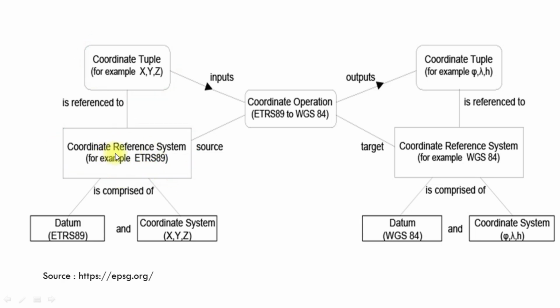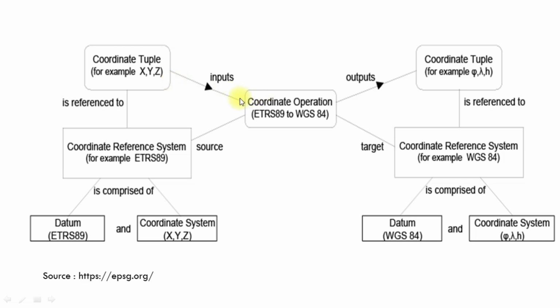This coordinate reference system is comprised of the datum, which is a mathematical model of the Earth, a certain type of ellipsoid, and the coordinate system, which also has the XYZ coordinates. So a coordinate reference system is comprised of the mathematical model of Earth, the datum, and the coordinate system.